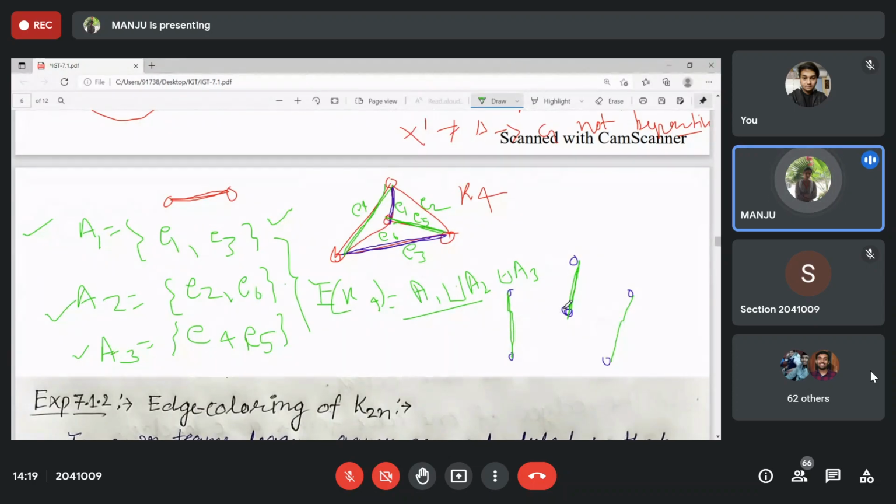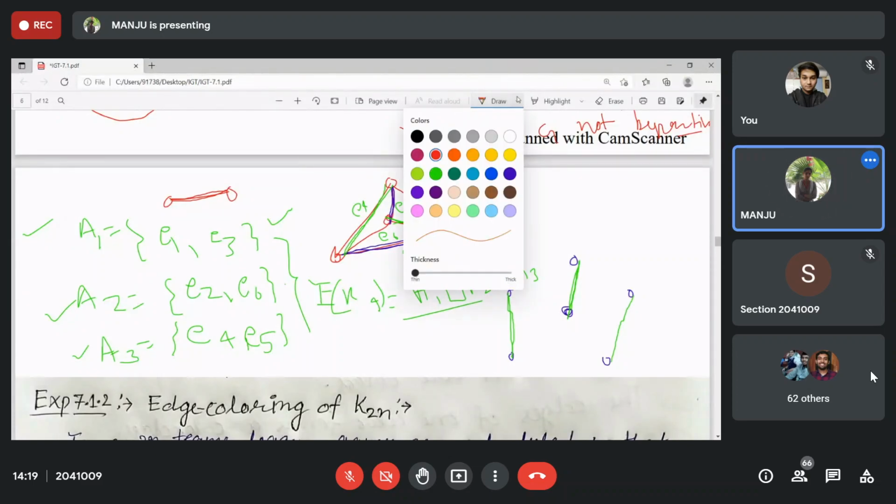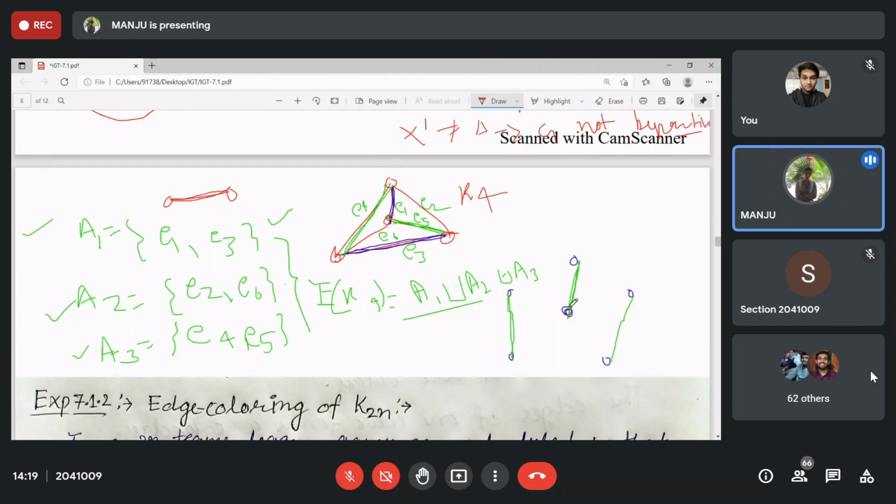Then rotate this. I'm just saying this to this now. Okay, rotate this, taking this as a center. Just rotate this one. Okay. Then this will be coming to this, right?